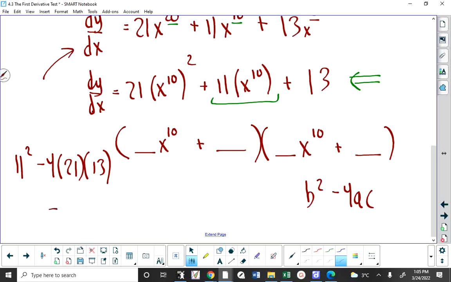And I'm willing to bet that you're going to get a negative number here. You can work out what the number is, but you get a negative number. If b squared minus 4ac is a perfect square, factorable. If it's not a perfect square, it's not factorable. But because this is negative, not only is this not factorable, there is no value of x in the universe that will make that 0.